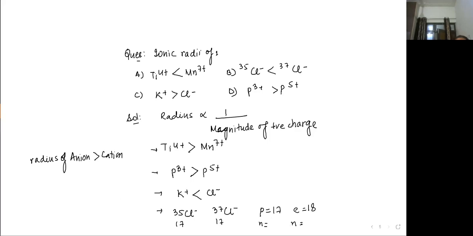So neutron will be the same. Will neutron have any effect? Till now we are talking about protons, that are teachers, and electrons, that are students. Neutron will have no effect. Clear? So the radius will be almost equal.